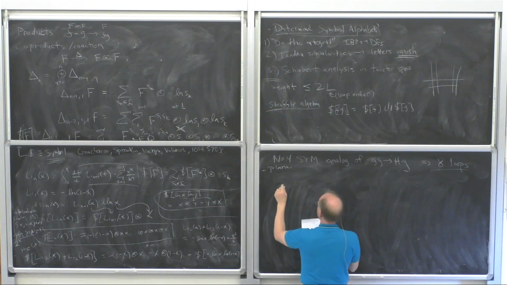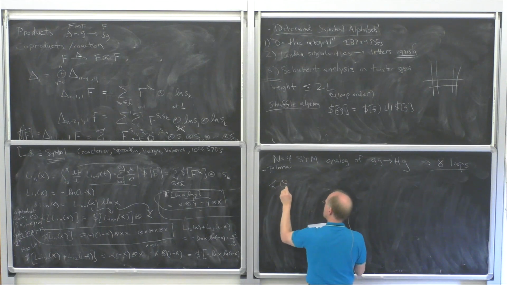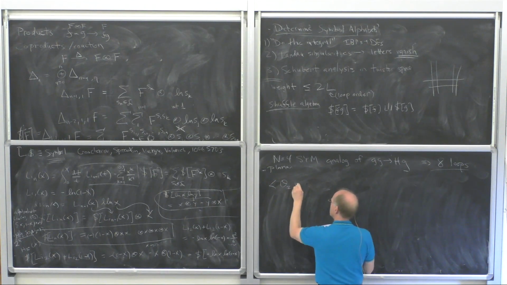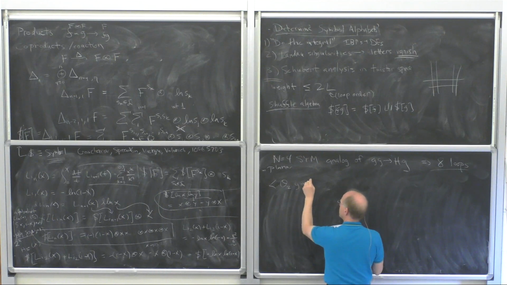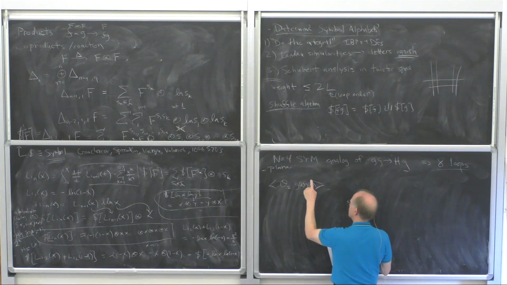So it's not exactly the same. It's really a matrix element of some operator O2 with 3 gluons that have momenta K1, K2, and K3.